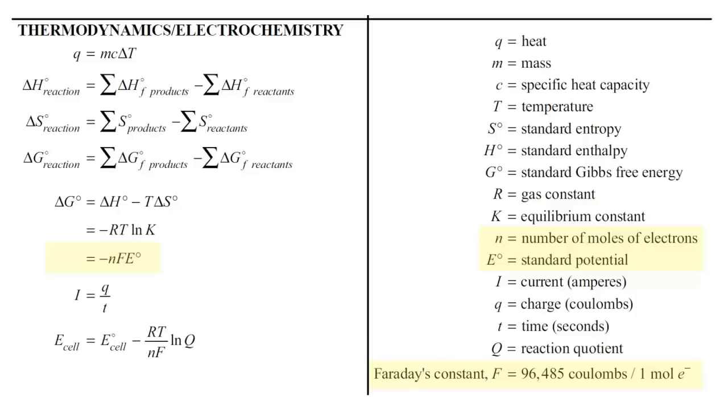The capital F is the Faraday constant, and you can see on the right side at the bottom of this slide, the Faraday constant has a value of 96,485 coulombs for every 1 mole of electrons. And of course, that E is the standard cell potential. So delta G is equal to negative n times F times E. And we'll see calculations of how to get the delta G in this section of the packet for topic 9.9.